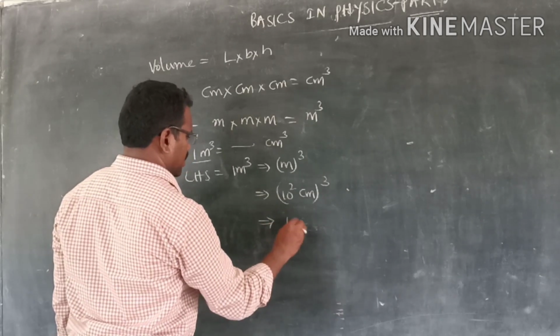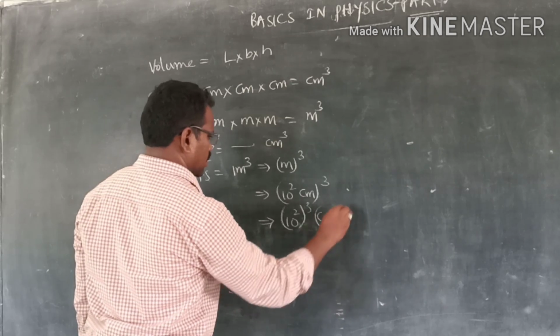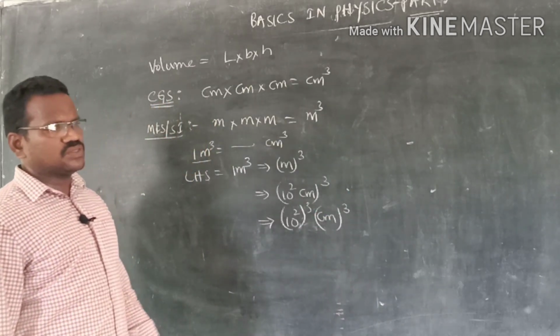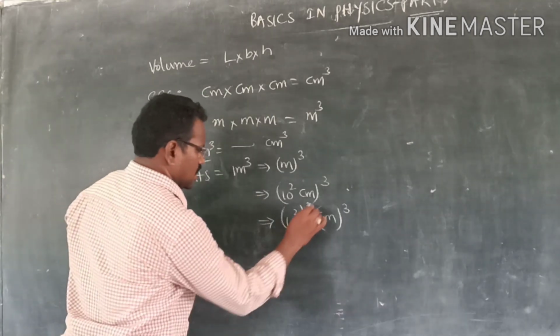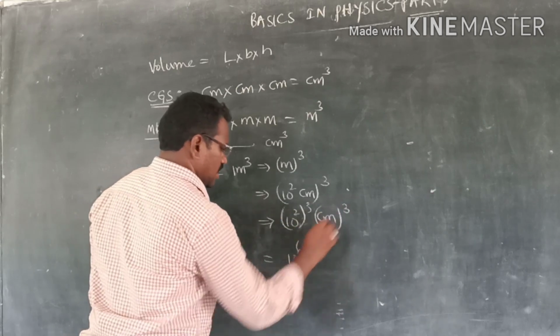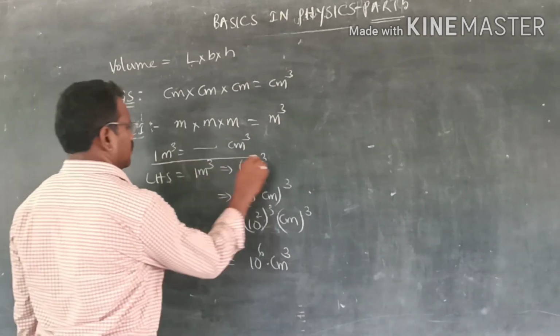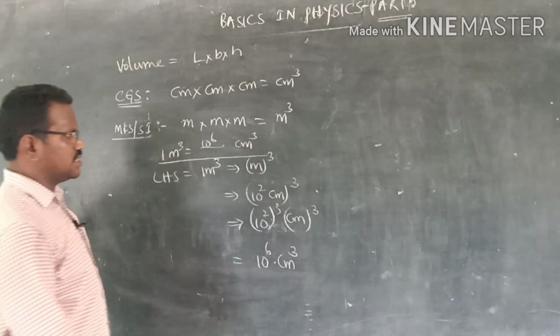In the next step it becomes 10 square whole cube, centimeter whole cube. Based on the formula (a power m) power n is equal to a power m into n, it becomes 10 power 6 centimeter cube. So the total value is 1 meter cube is equal to 10 power 6 centimeter cube.